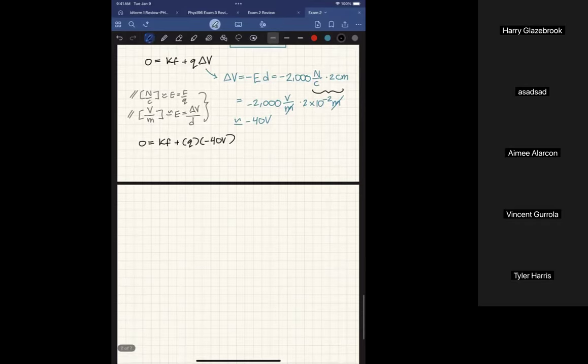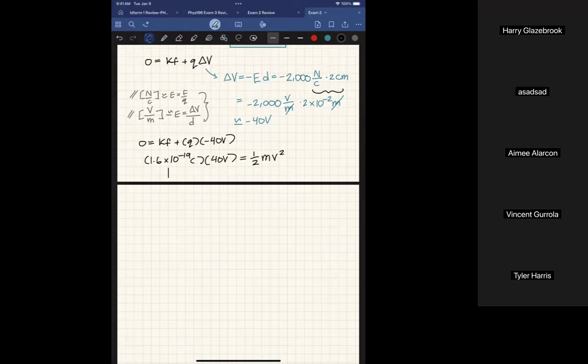So I'm going to put the negative 40 times Q on the other side. And I'm going to note that the charge of a proton is 1.6 times 10 to the negative 19 coulombs, times 40 volts. And that equals our kinetic energy final, which we know is 1/2 mv squared.